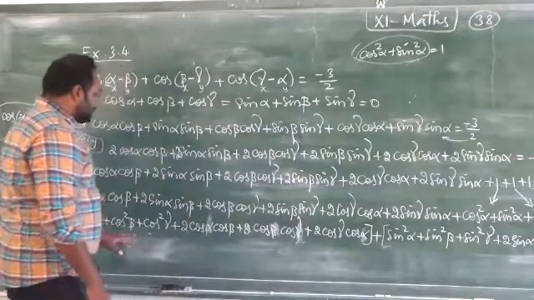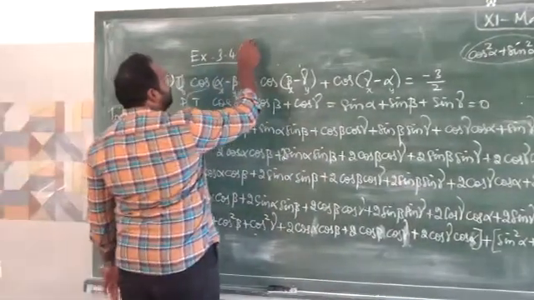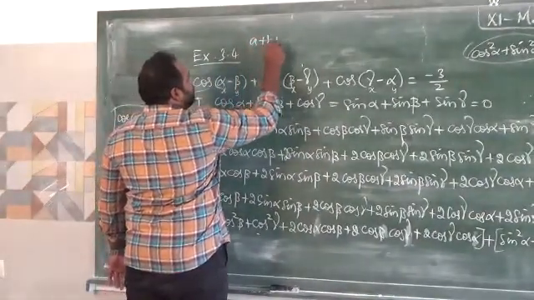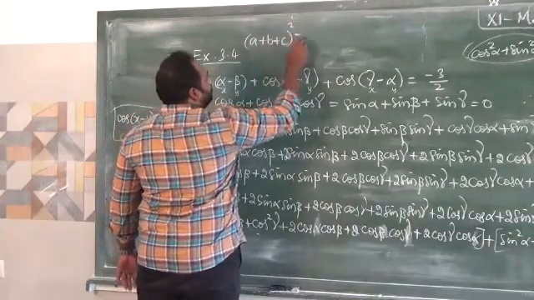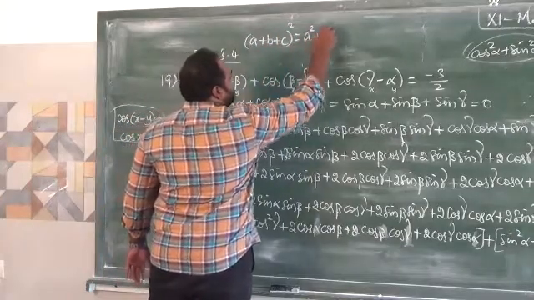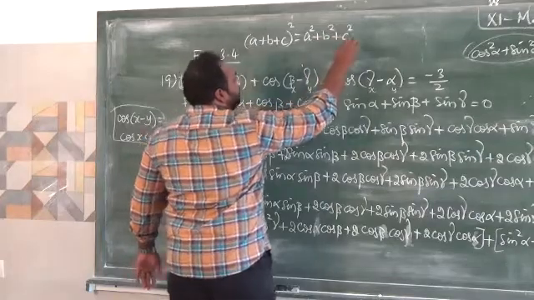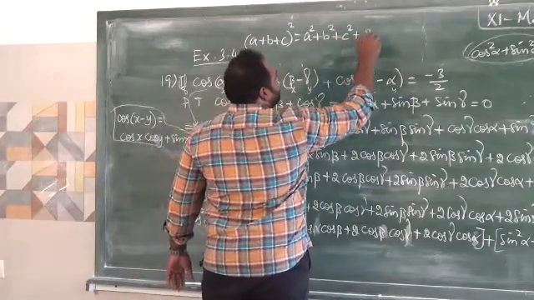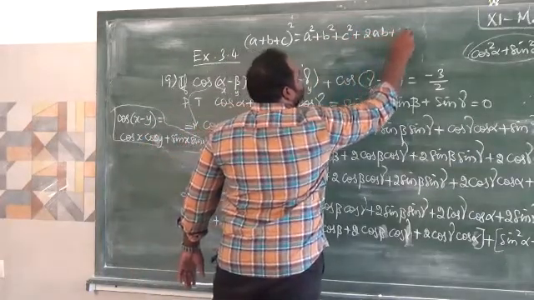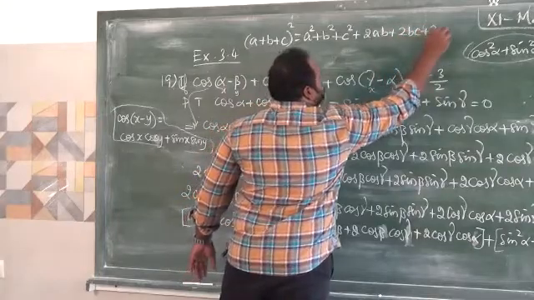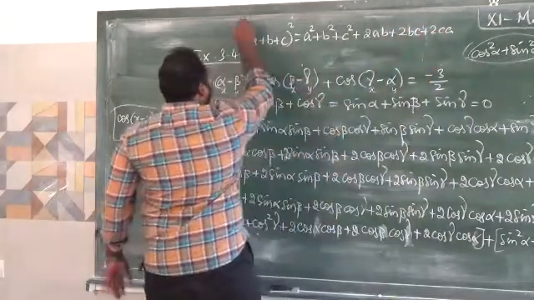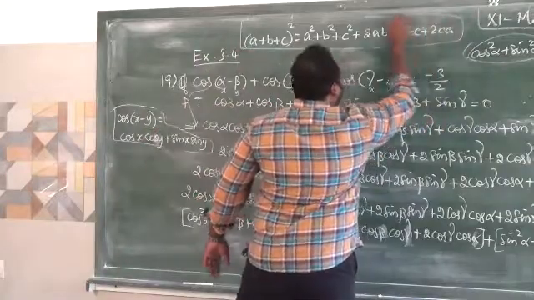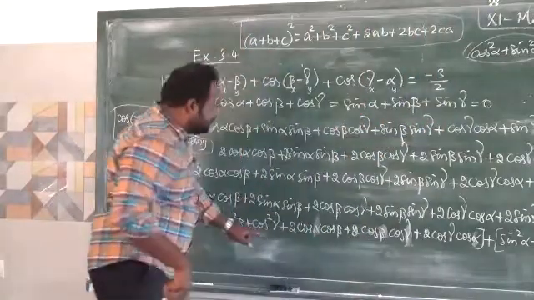If you look at this, I can remember the algebraic formula: a plus b plus c whole square equals a square plus b square plus c square plus 2ab plus 2bc plus 2ca. So I am going to use this algebraic formula to express this step.